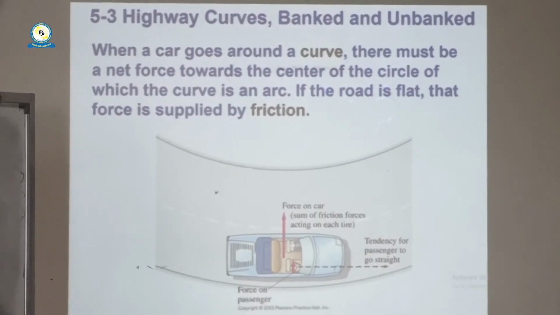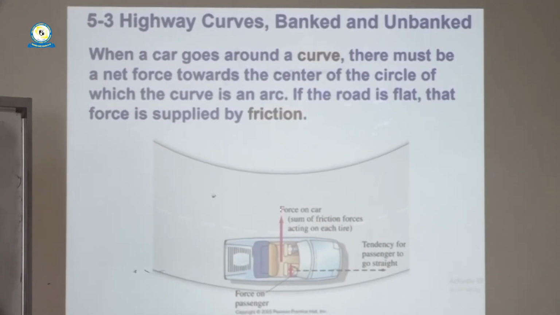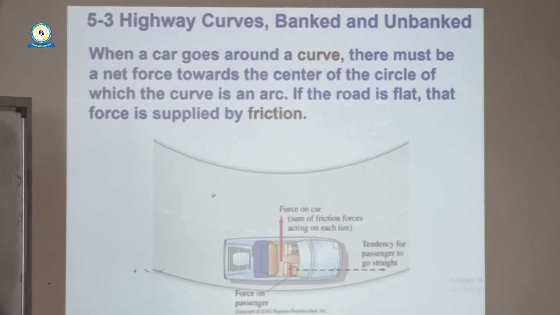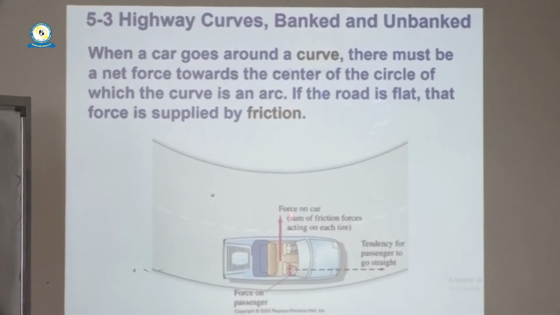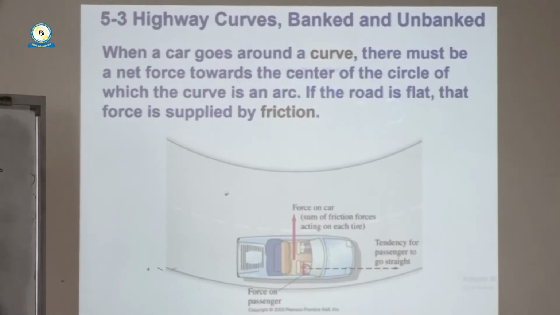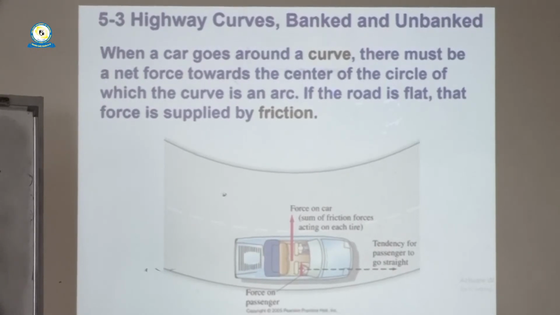When a car goes around a curve, there must be a net force towards the center of the circle of which the curve is an arc. This one is an arc. If the road is flat, that force is supplied by friction. Friction can also help to avoid a car overturning or skidding, moving away from the road.